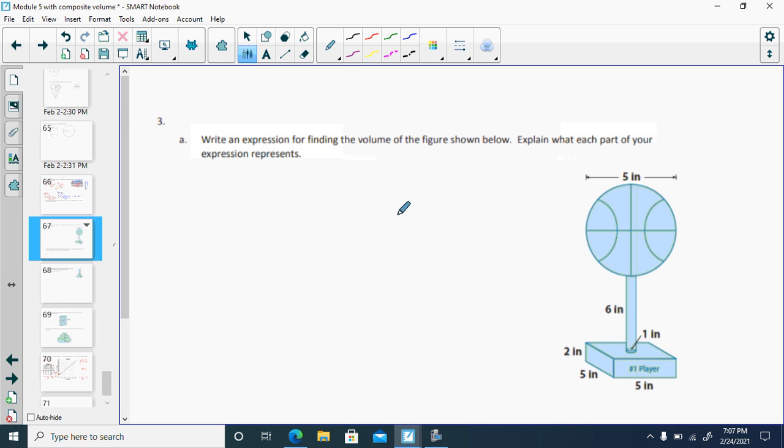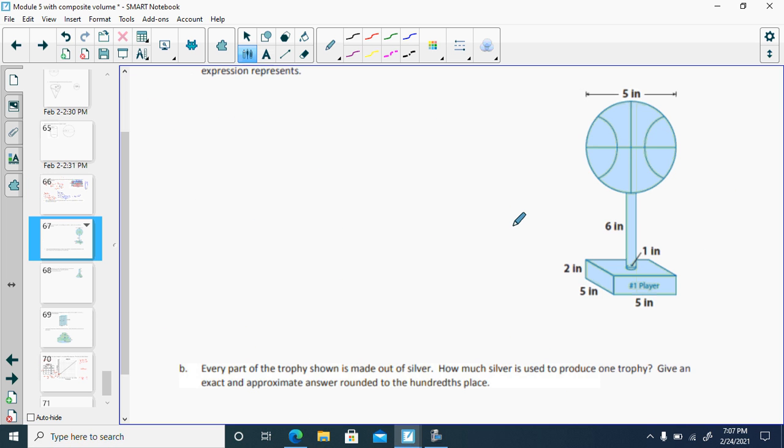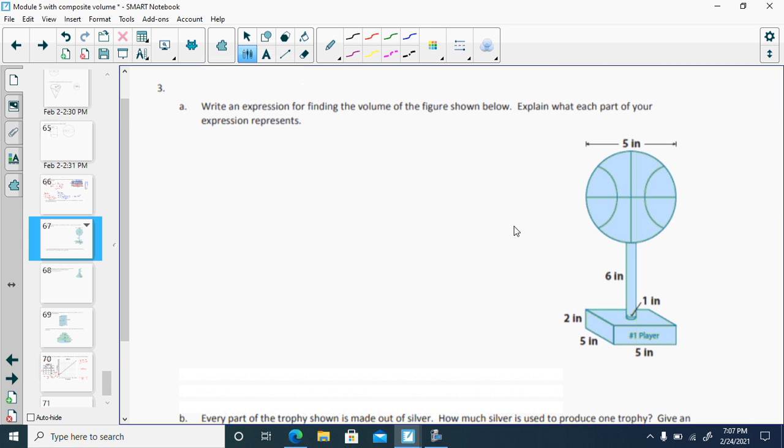Okay, let's try this figure, and let's get an approximate volume of it. Let's say that we're going to use 3.14 for pi to get our approximation. Okay, what type of figure is this top one? It's a sphere because it looks like a ball.